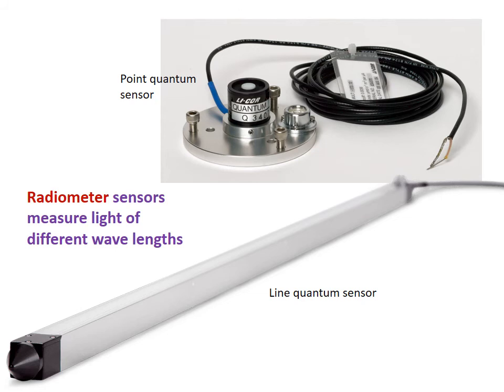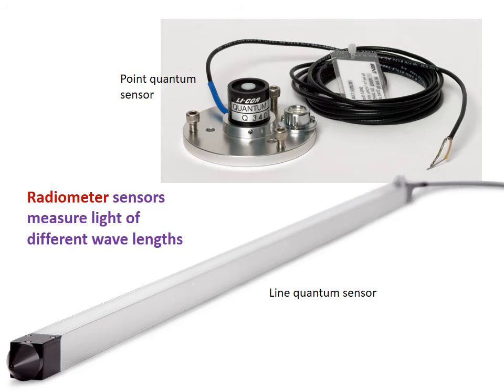So the visible spectrum, the invisible part of the spectrum and the infrared part of the spectrum, people are interested in different types of information. So you have different types of radiometers for making measurements of the different parts of the spectrum.